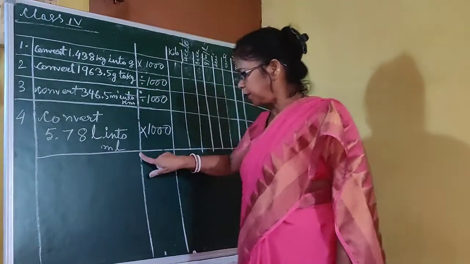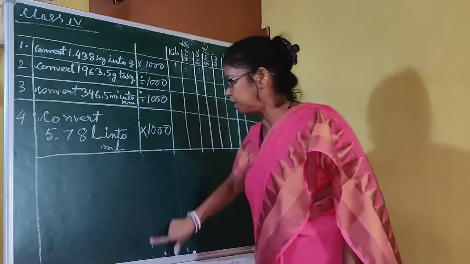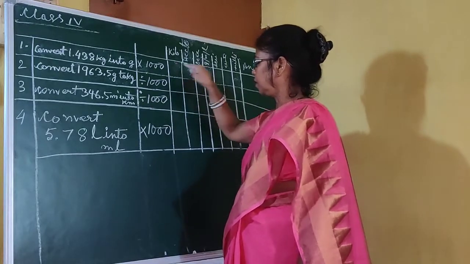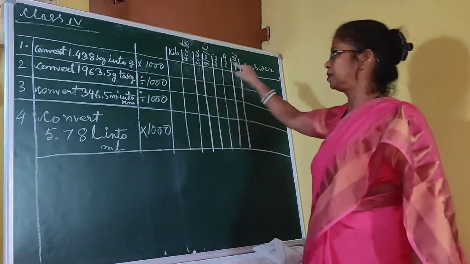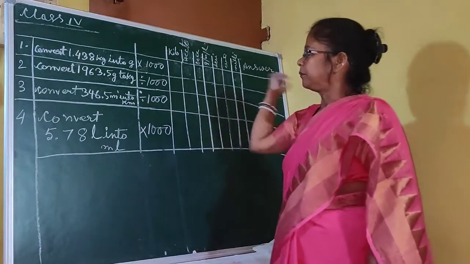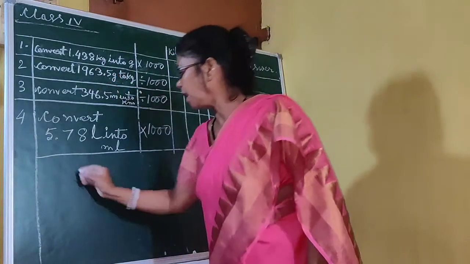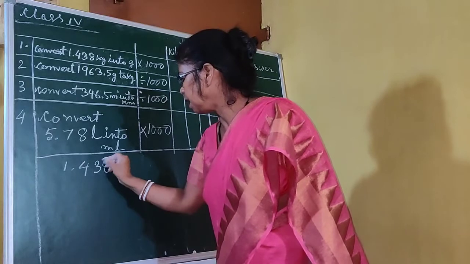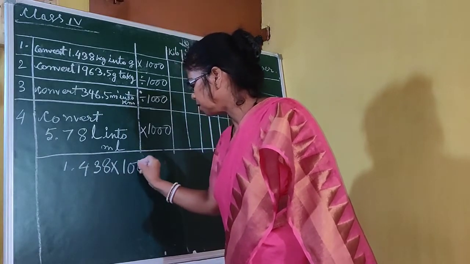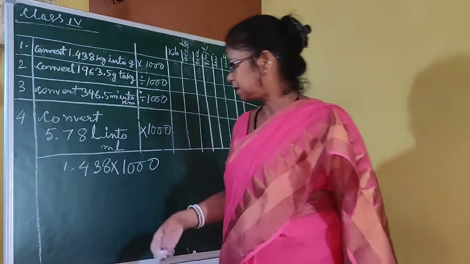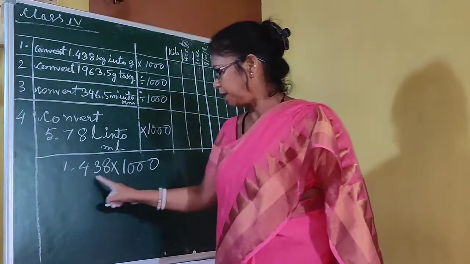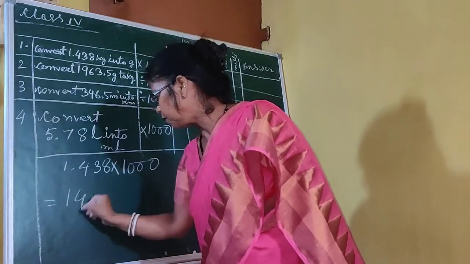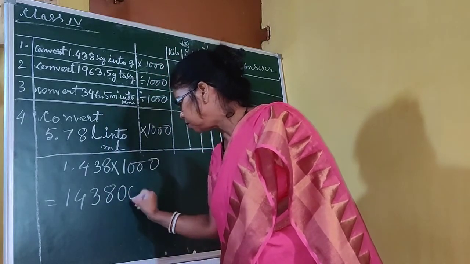If you don't know decimal shifting, then you can multiply and then put the decimal. 1.438 into 1000: multiply the digits without putting the decimal, which gives 1438000.